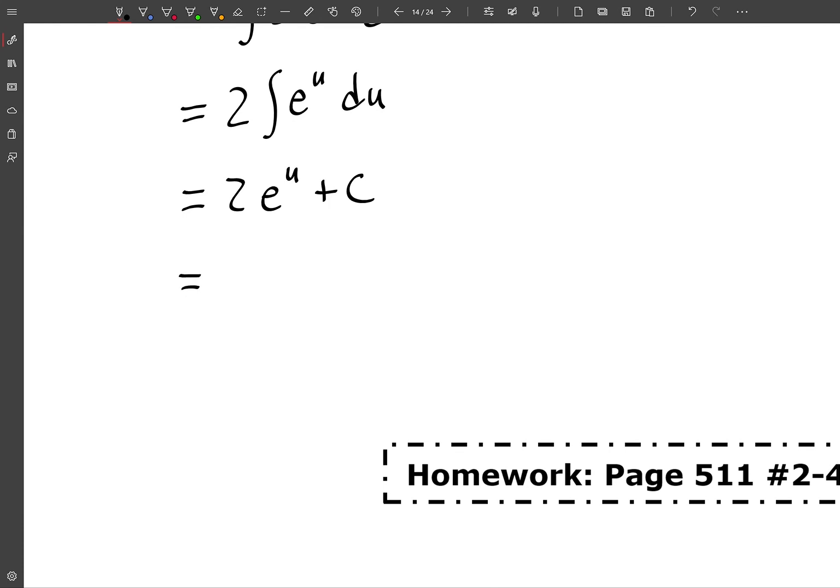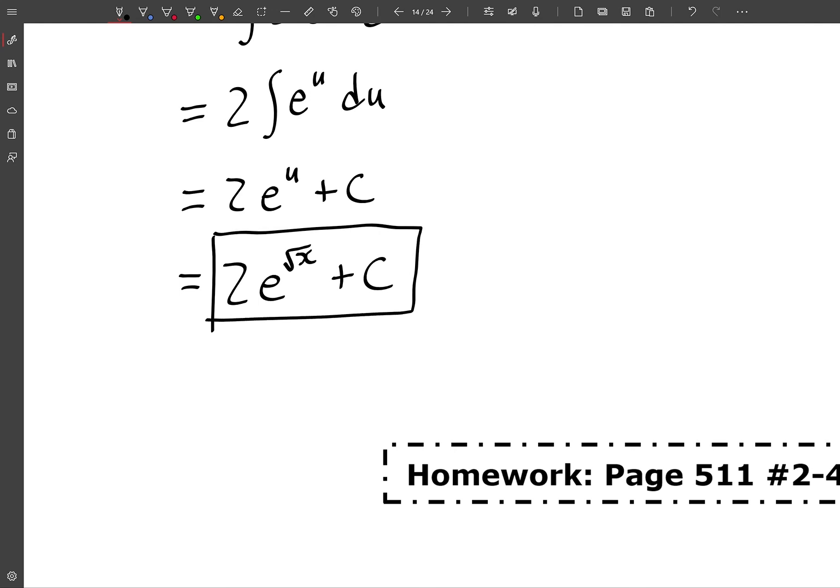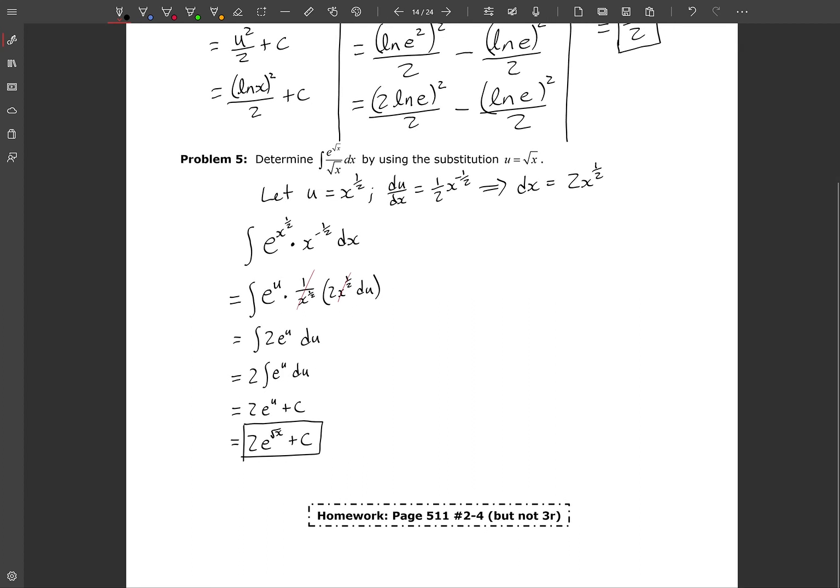Then we do our substitution, replace our u with square root of x, and we are done. Ta-da! And remember, all of these, you can check your work by just taking the derivative. Go ahead and just take the derivative, and if you get back to this original thing, then you did it right.